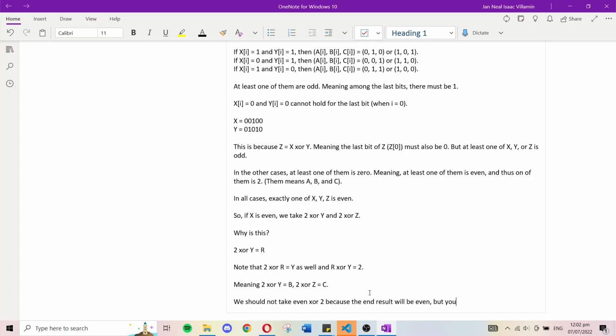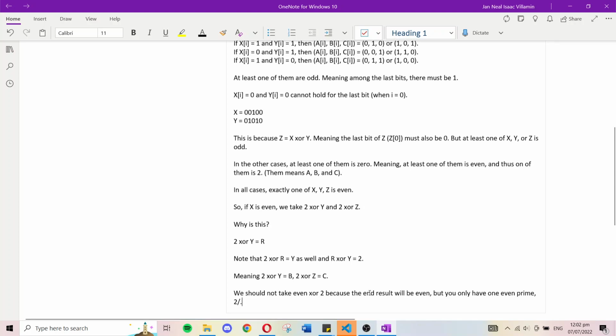But you only have one even prime, 2. And when you XOR 2 with another even, it becomes a different even.